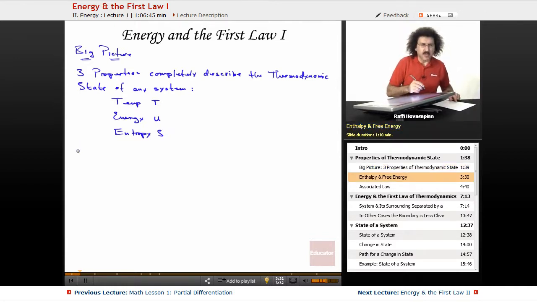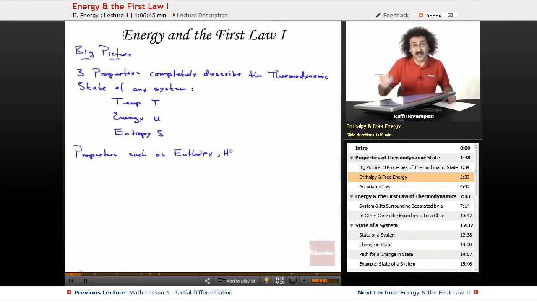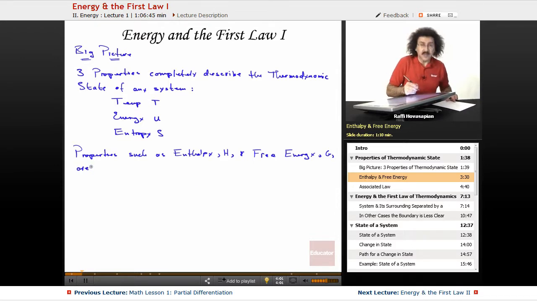Now, you're probably wondering, wait a minute, what happened to enthalpy? What happened to free energy? Properties such as enthalpy, which you know of as H, or delta H, the change in enthalpy, and free energy, which you know of as G, the Gibbs free energy, are actually derived properties.